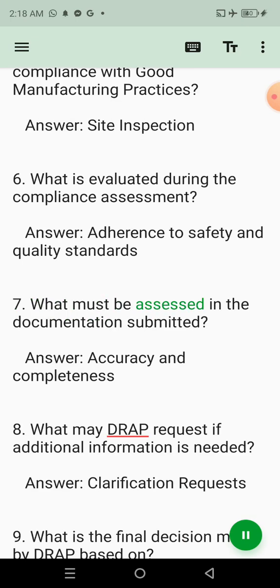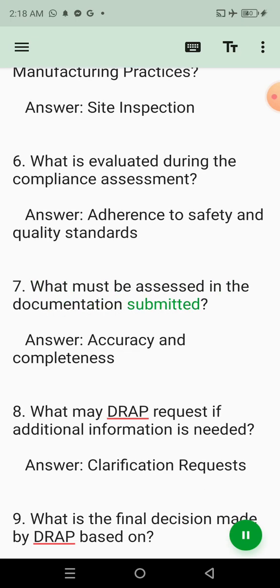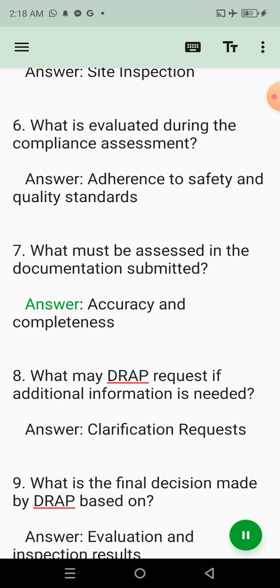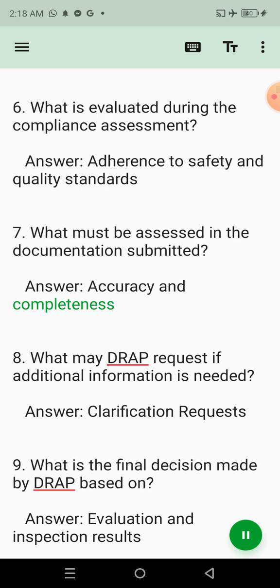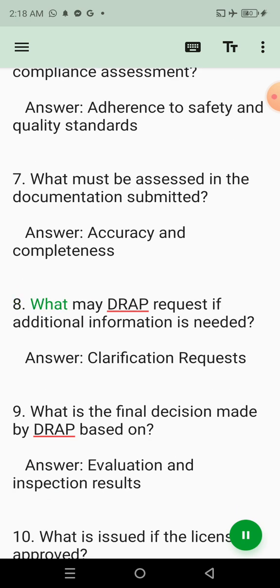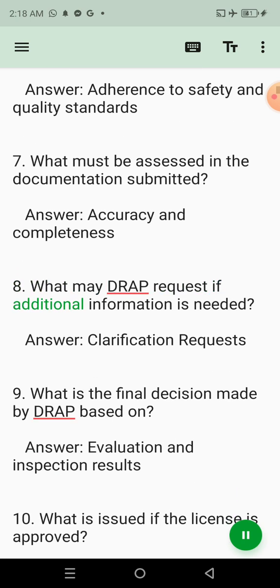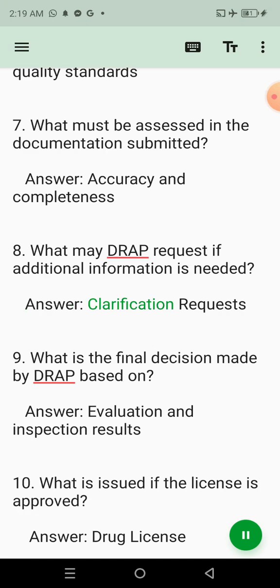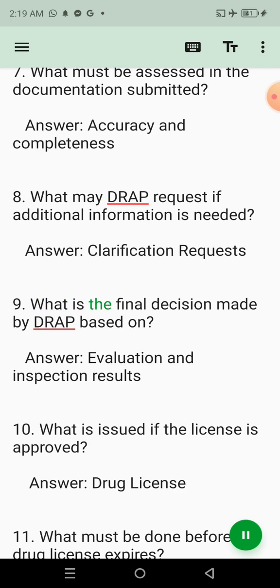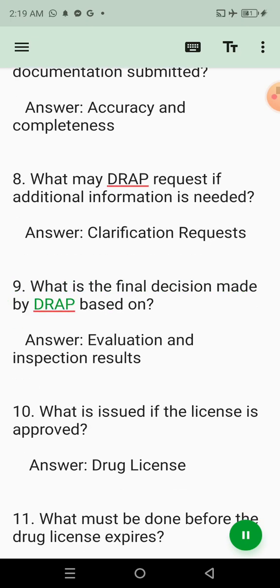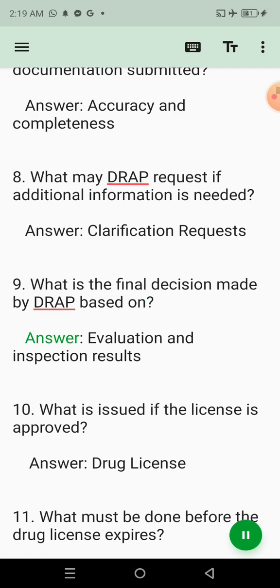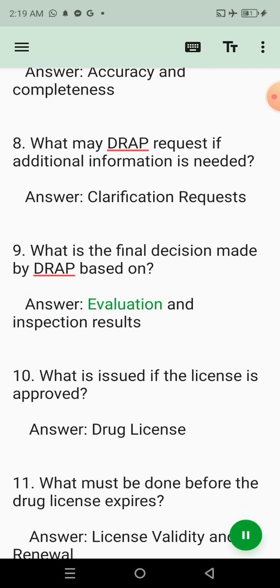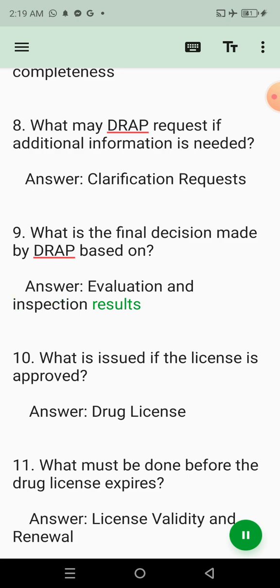What must be assessed in the documentation submitted? Answer: accuracy and completeness. 8. What may DRAP request if additional information is needed? Answer: clarification requests. 9. What is the final decision made by DRAP based on? Answer: evaluation and inspection results.